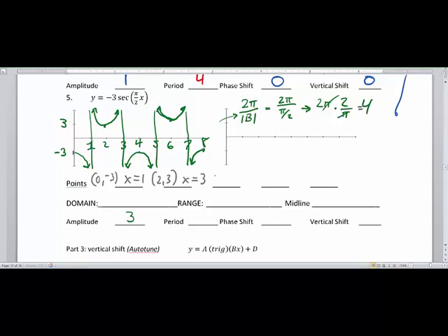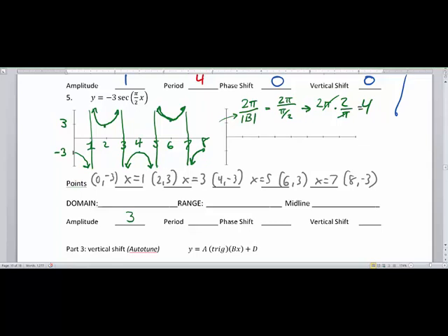Then what we have is (4, -3). x is equal to 5, that is my asymptote line equation. And then what we have is (6, 3), x is equal to 7, and then (8, -3). The domain is going to be where all of these asymptote lines are.